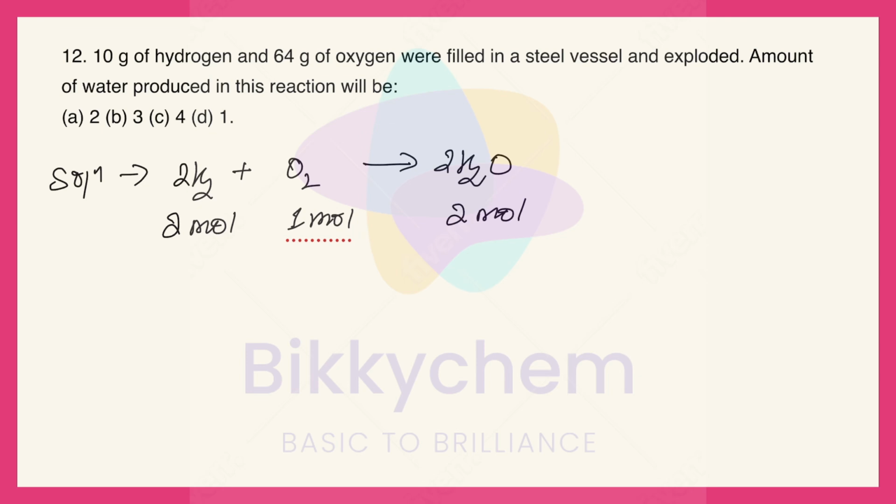so moles will be 10 by 2 and 64 by 32, which means 5 mole and 2 mole. So in this case it will be x mole.